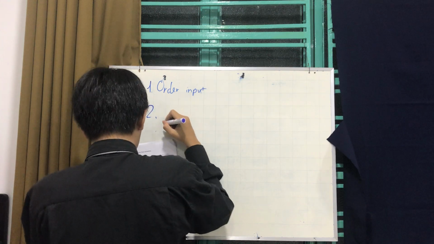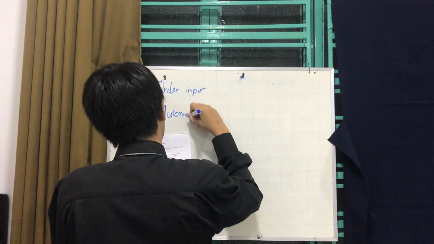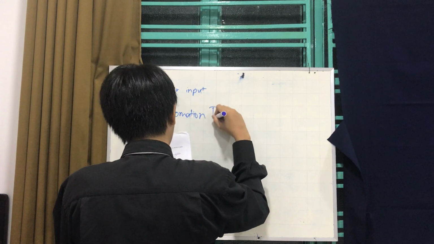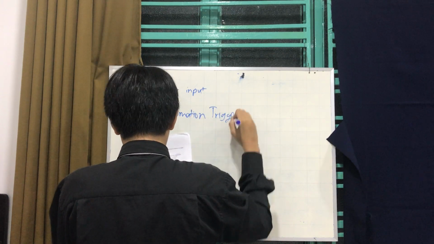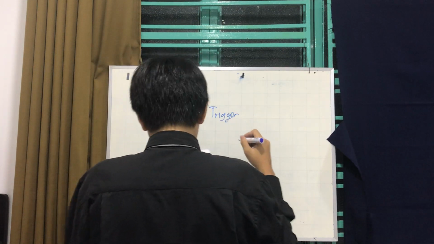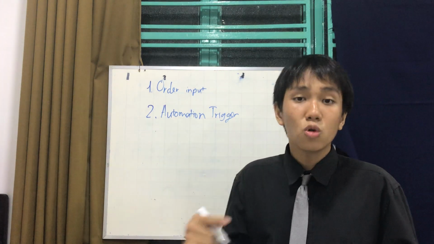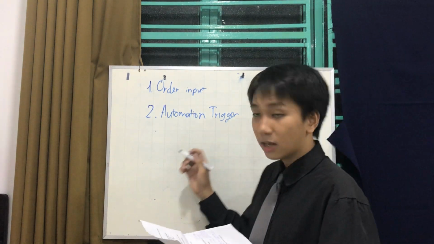Second is automation trigger. So for example, the system assigns tasks to different tools to help automate things.